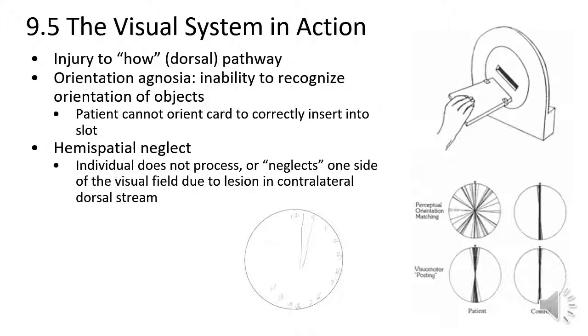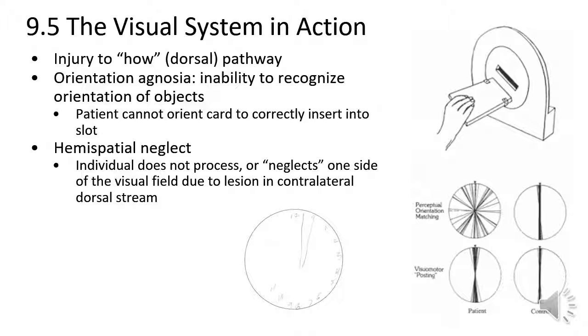Injury to the how, or dorsal, pathway can result in orientation agnosia, which is the inability to orient objects correctly. There's a task where an individual has to rotate a card such that they can put it into a slot at the correct orientation. You can see these circles with the lines through them down here at the bottom is like a control patient.